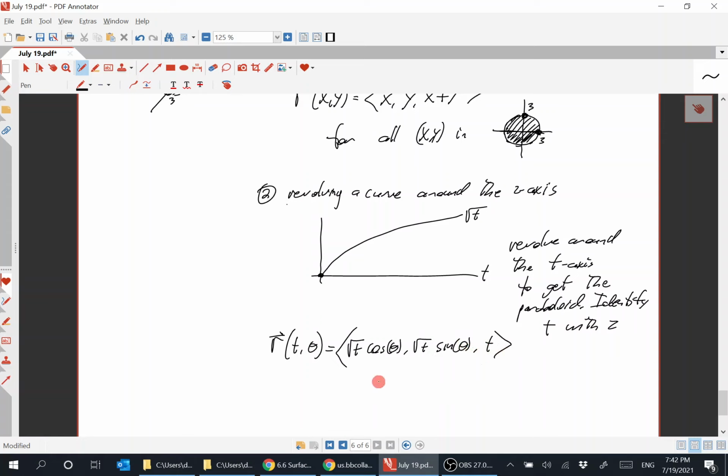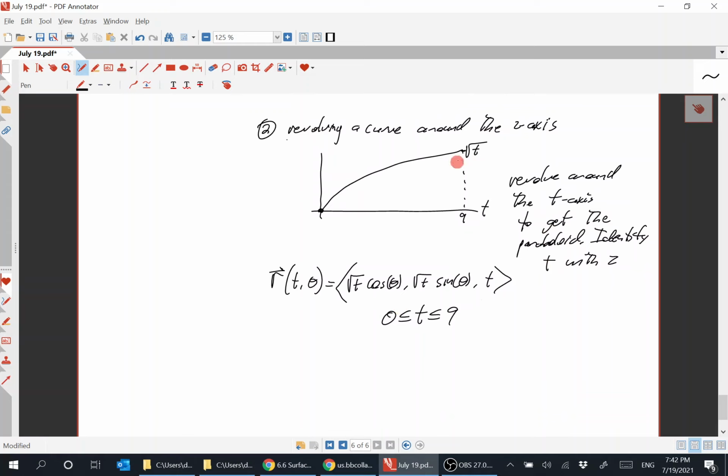And then this is supposed to go up to where? Up to t equal to 9. Well, up to z equal to 9, so 0 less than or equal to t, less than or equal to 9, because t gets identified with z. And then since we're going to do the full rotation around the axis, 0 is less than or equal to theta is less than or equal to 2 pi.